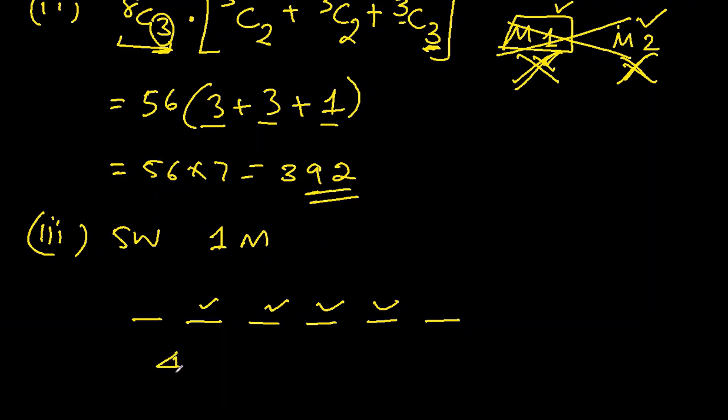So 4 possibilities are there for him. Now for the remaining 5 spaces, the women can stand any way they want, so it will be 5 factorial. 5 factorial is 120, times 4, 480.